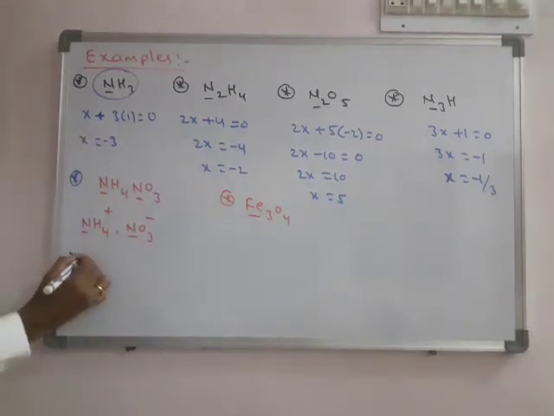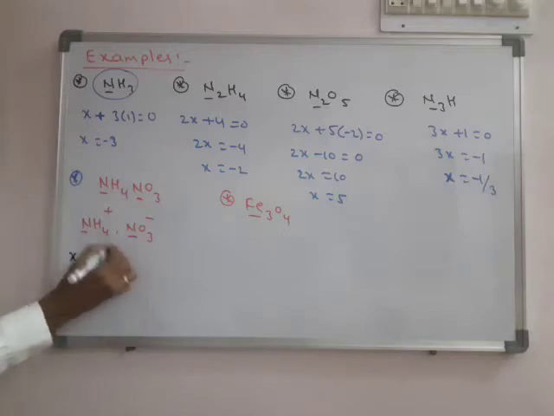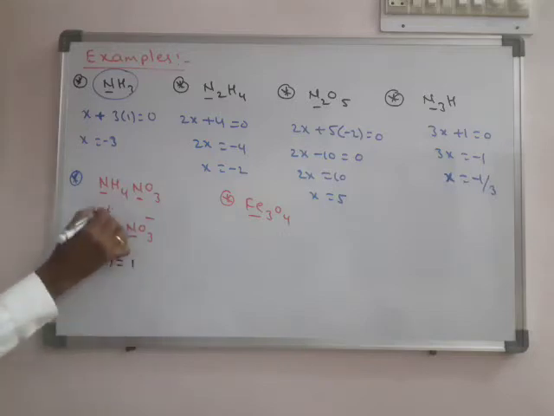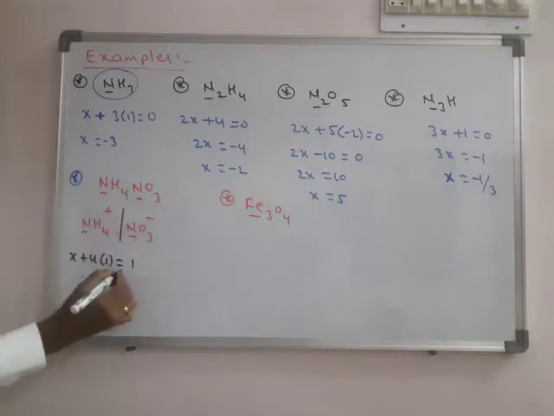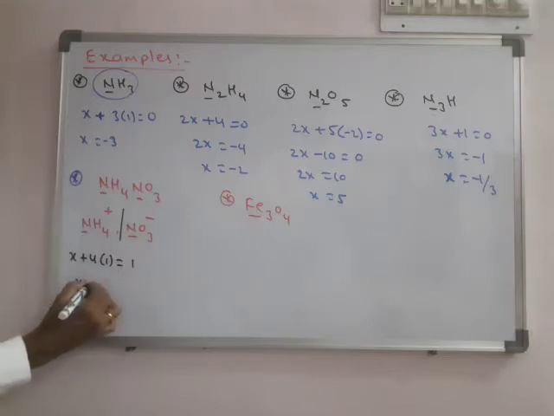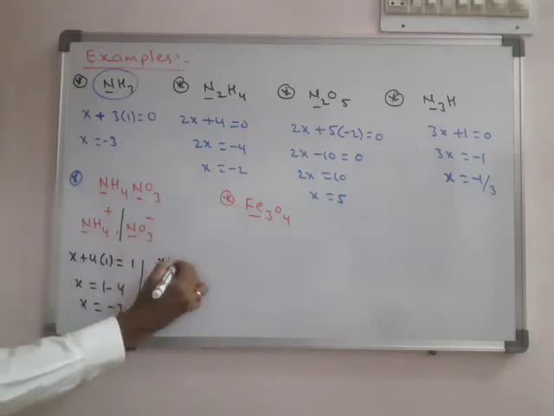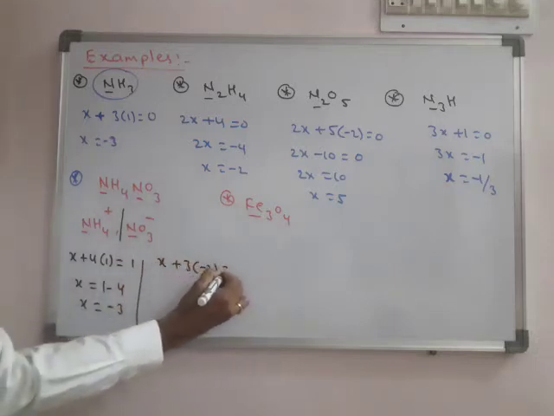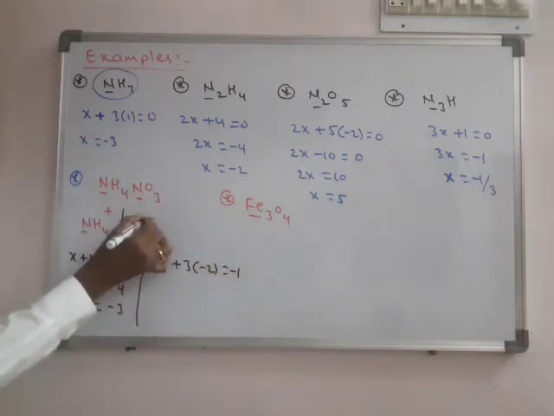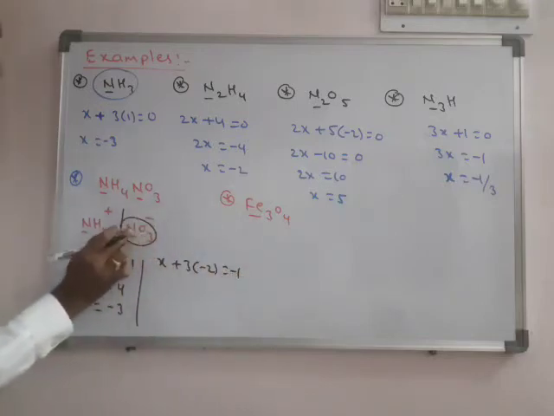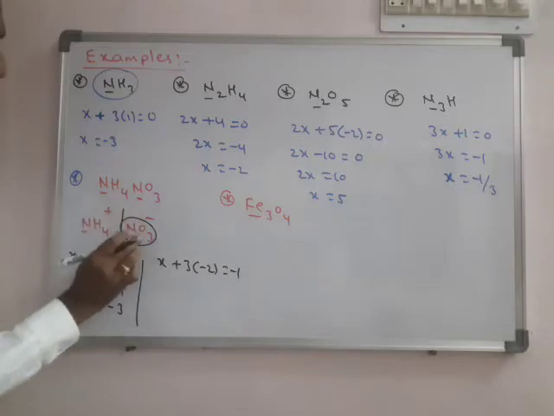So this is x plus 4 hydrogen 1, overall charge power 1. So x equals 1 minus 4, x equals minus 3. Then calculate separately: x plus 3 into minus 2, overall charge. This power minus is not on the oxygen, not on the nitrogen, it is on the total NO3.